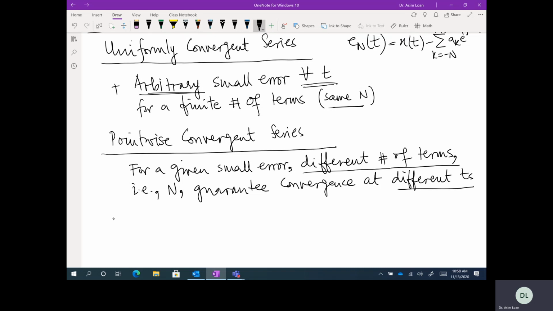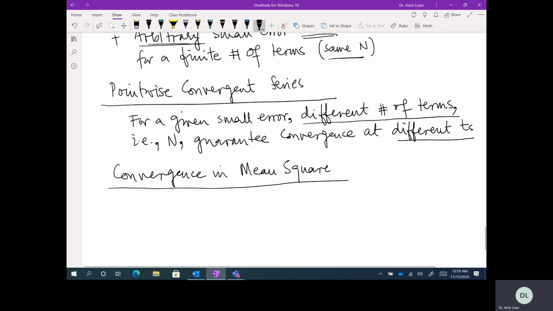And then you have convergence in mean square sense, and this is the one that we are interested in. So what is convergence in mean square?